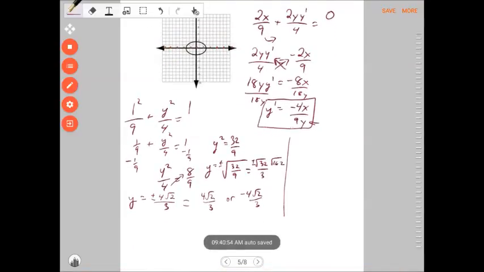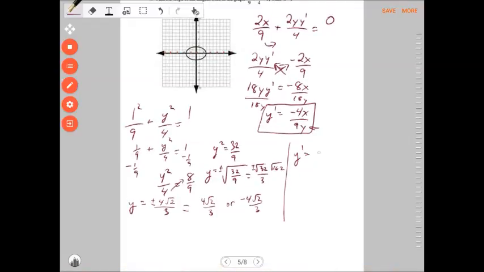Here, I've got a little more room now. So the slopes then, that's the y prime: negative 4x. Remember x is 1. So negative 4 times 1 divided by negative 4 root 2 over 3. Hey, look, guys, the negative 4s are going to cancel. So we're going to get 1 over 2 root 3. Remember, how do we divide fractions?